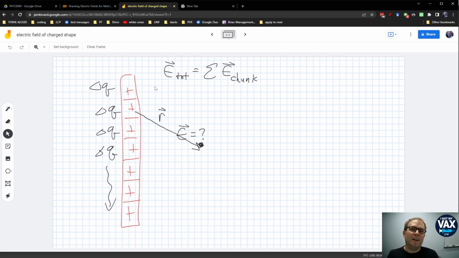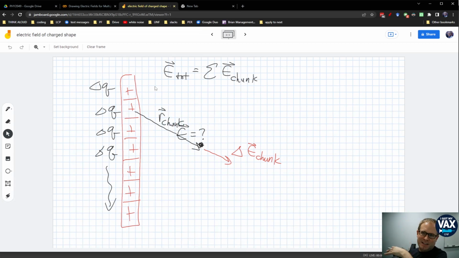So I've got this R vector going here for each chunk, and I've got a little bit of the electric field coming off of there. Let's color code that one red. And the thing is, I'm doing this for each chunk, so I'm thinking of this as being the delta E for that chunk, for this particular chunk.